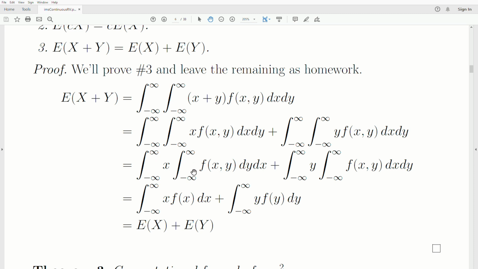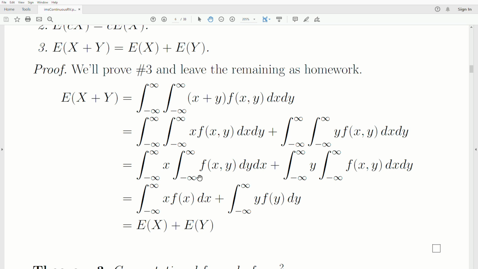Here we switch the order of integration, and for all the densities that we're going to use in this playlist, you can switch the limits of integration, even when there's an infinite limit there. So we integrate y first, which means we can take out x.